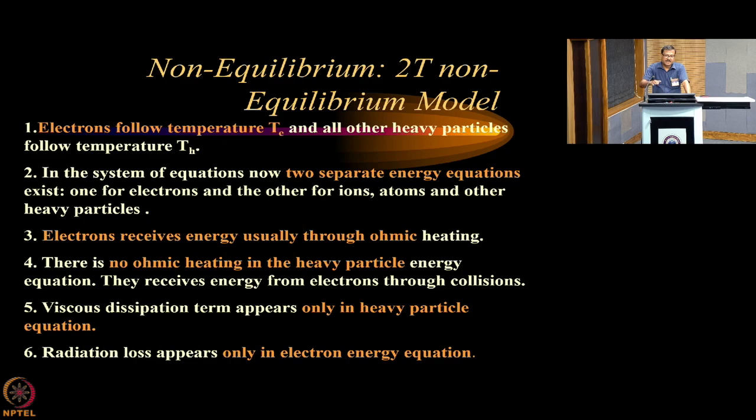Radiation appears in the electron energy equation because the radiation coming out is because of the transition of the electrons only, in the atoms. So when we take care of that, we will include it in the electron energy equation, and then we will find the ultimate energy equation that appears, and we will handle that in the next class.